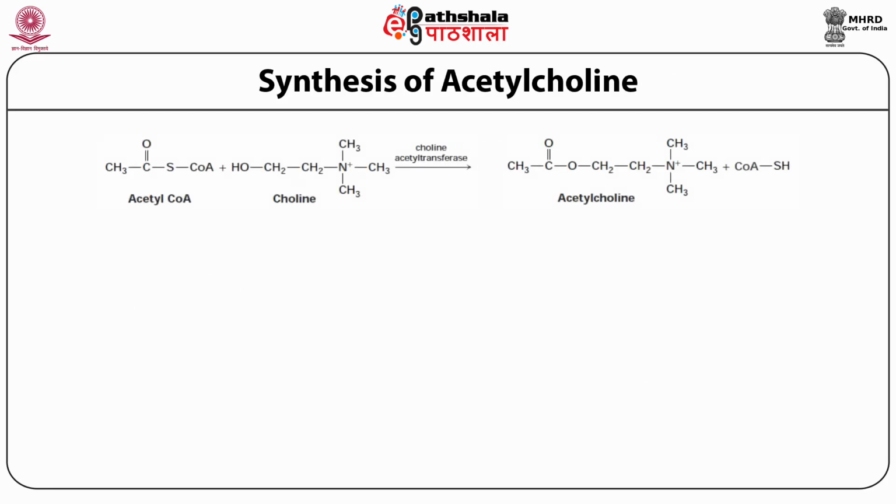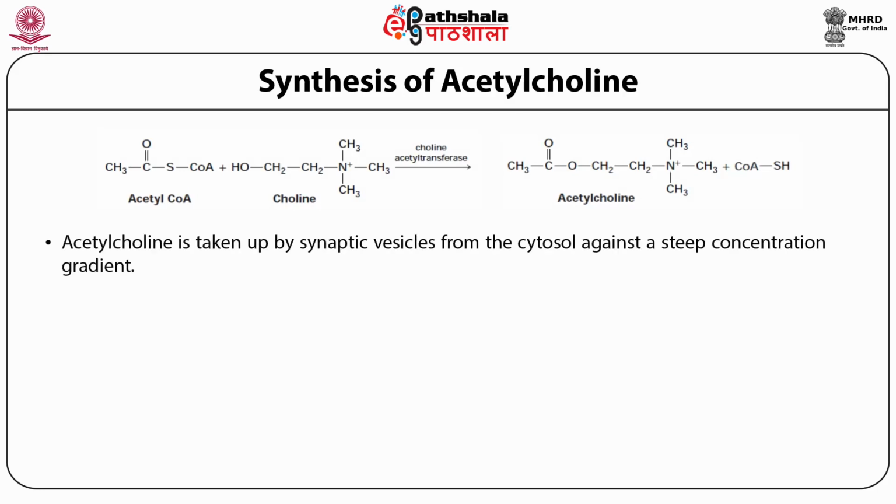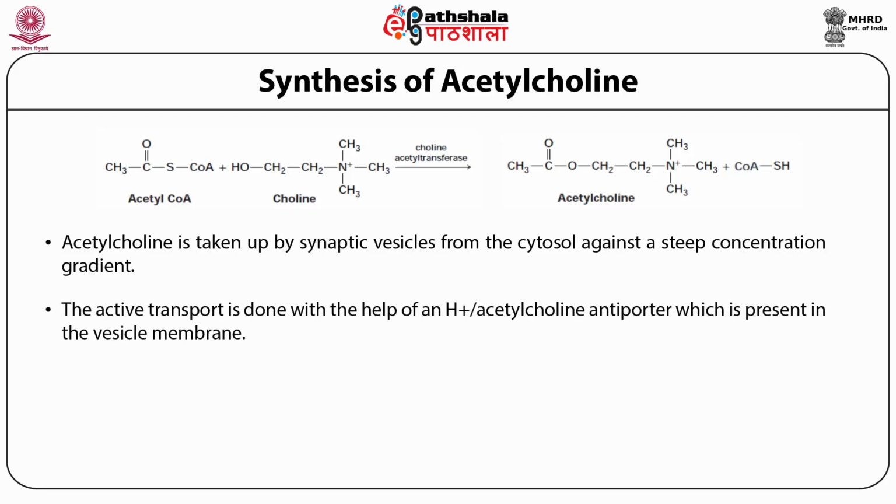Acetylcholine is synthesized from acetyl coenzyme A and choline with the help of the choline acetyltransferase enzyme. Acetylcholine is taken up by synaptic vesicles from the cytosol against a steep concentration gradient. The active transport is done with the help of a proton-acetylcholine antiporter which is present in the vesicle membrane.